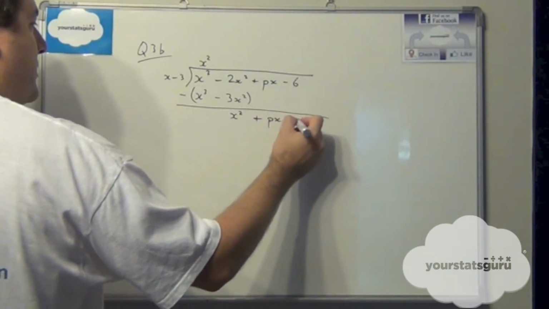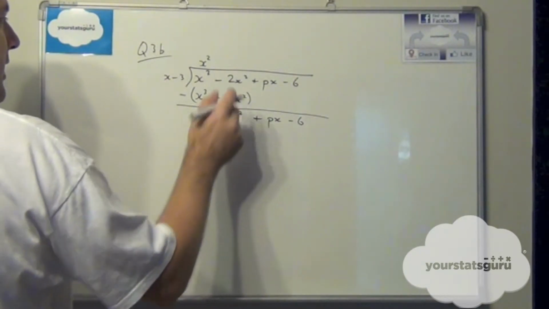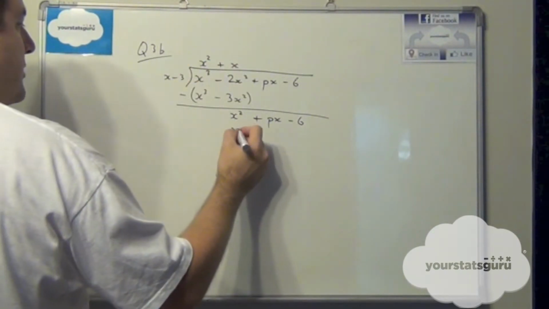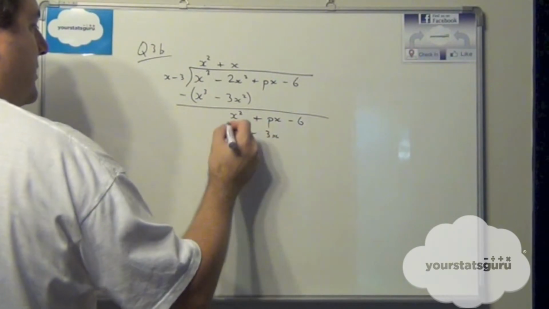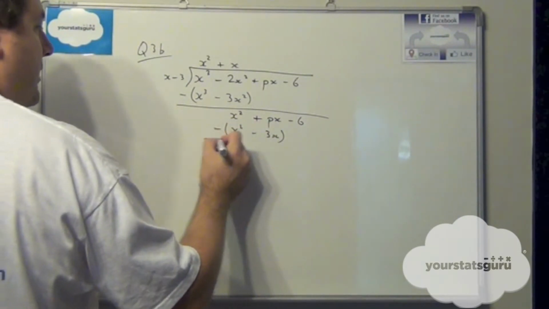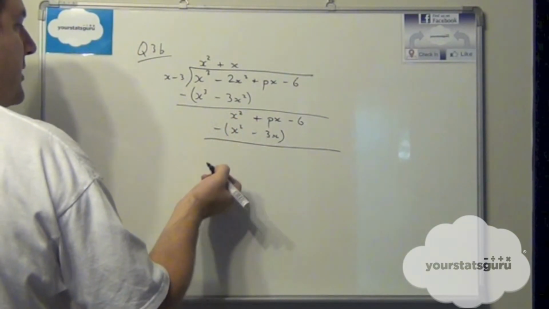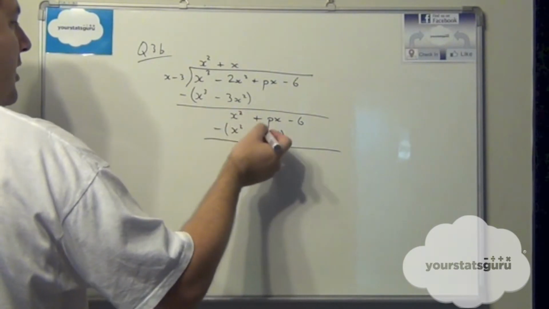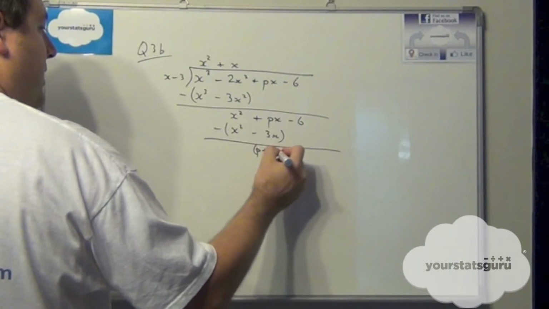plus px minus 6. So x goes into x squared, x times. x times x is x squared, x times negative 3 is negative 3x. We're going to subtract this and we are left with x squared minus x squared is clearly 0. px minus negative 3x is p plus 3x.